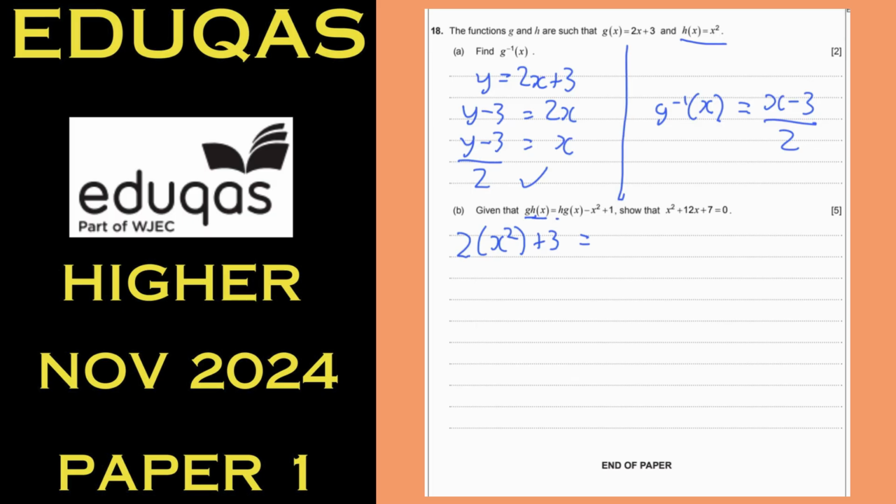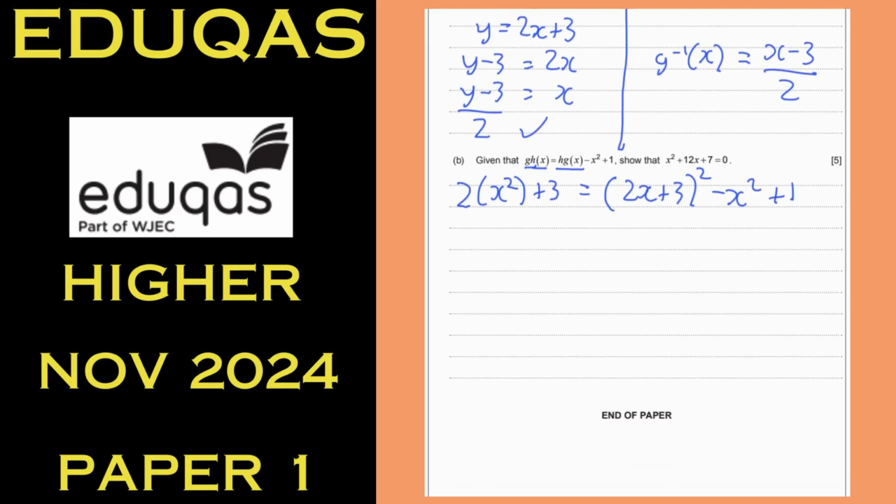We've now got to worry about the h of g of x. That's the other way round. Where we see x, we replace it with 2x plus 3. And as you can see, there's also a minus x squared and a plus 1. Our job is now expand brackets, collect like terms, and make it equal to 0.